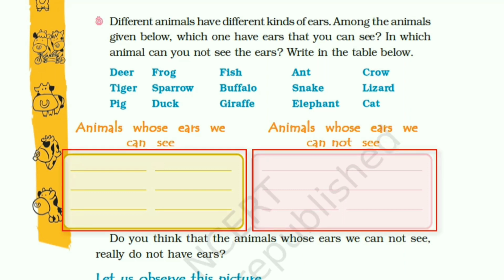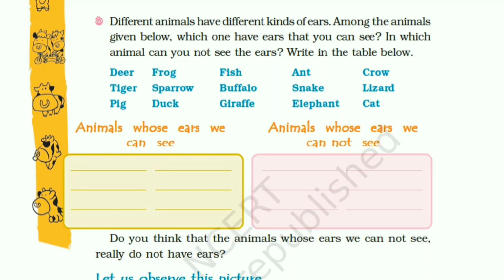In the first table, we write the names of the animals whose ears we can see, and in the second table, the animals whose ears we cannot see. So, let us start with the first word. The first word is deer.